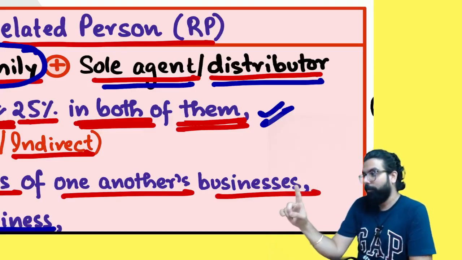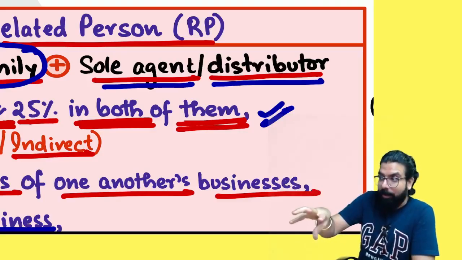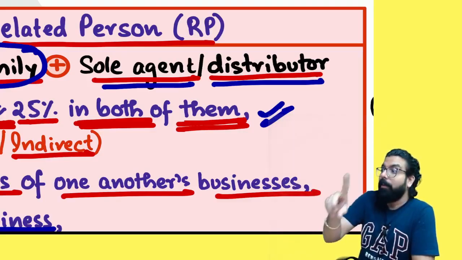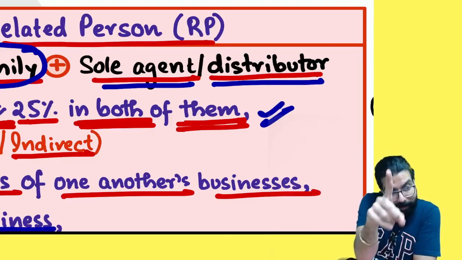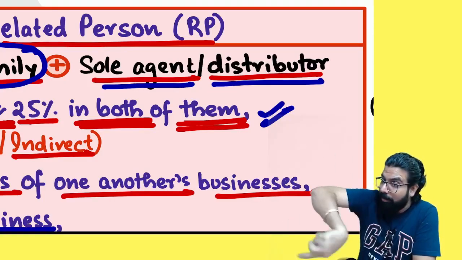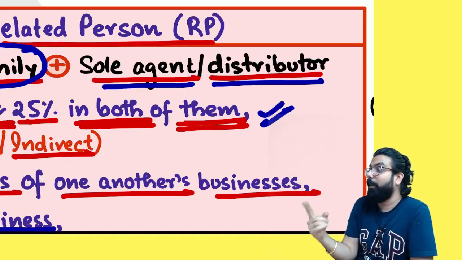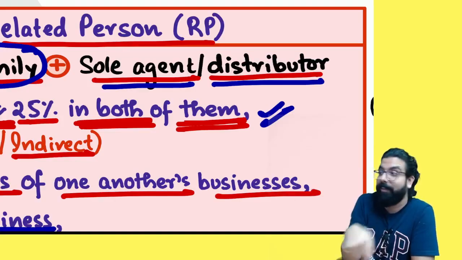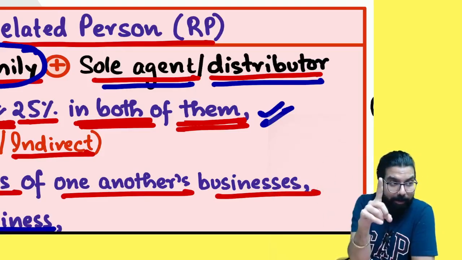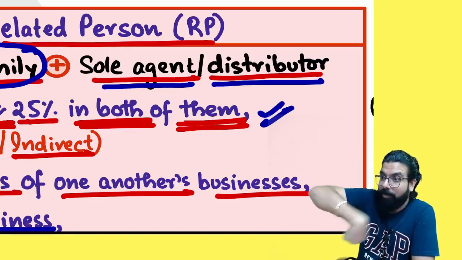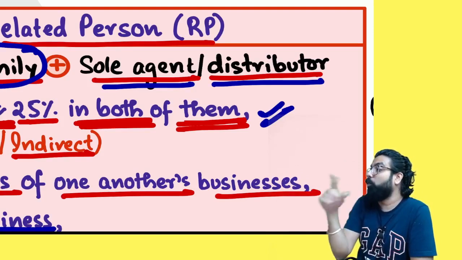One across India. So you have to remember sole means only one. In the exam, if they tell you sole agent in every state, remember sole means one across India. Sole agent means you should have only one agent.